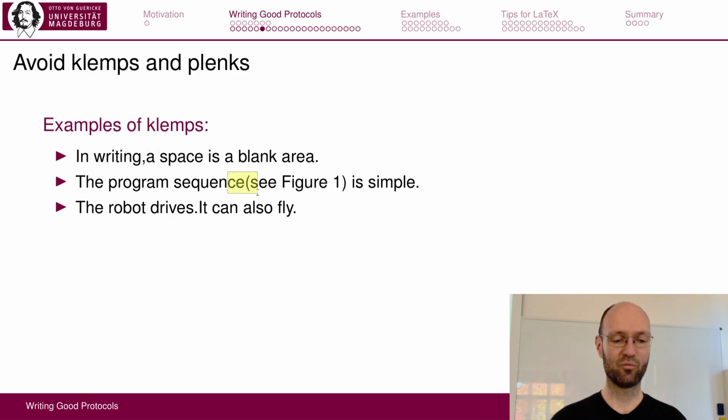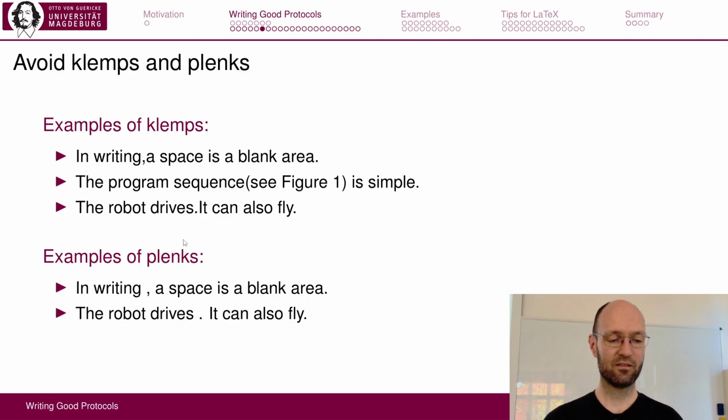Or before some opening parenthesis, there should also be a space. Or after the dot, there should be a space. Or after the period. And the opposite of a clamp is a plank, and so this space here is also wrong. So try to make sure to avoid this. There should never be a space before the comma and dot, but always be a space behind the comma and dot.